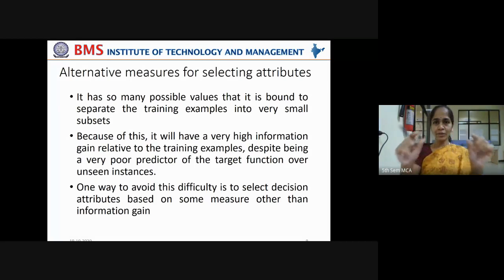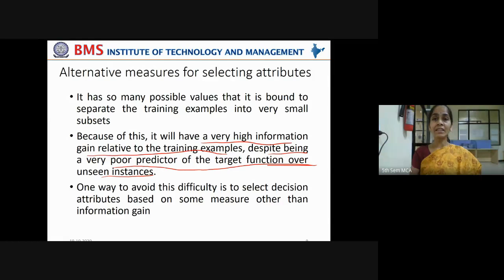Then only those examples will be classified with that particular date as the attribute value. Because of this it will have a very high information gain relative to the training examples. Yes, information gain is high because classification is perfect, despite being a very poor predictor of the target function over unseen instances.